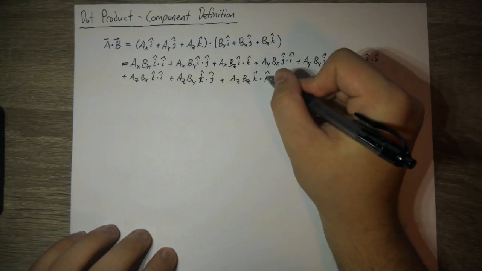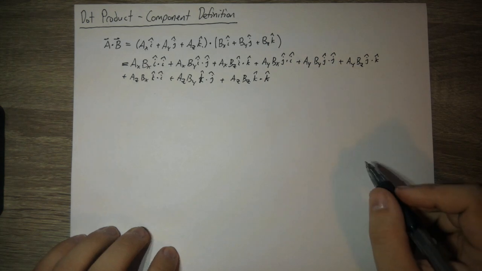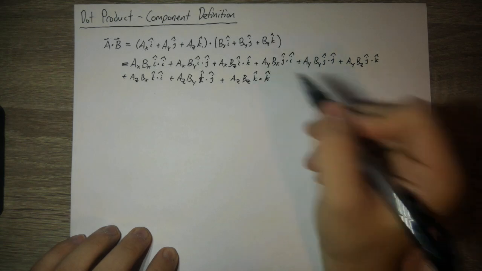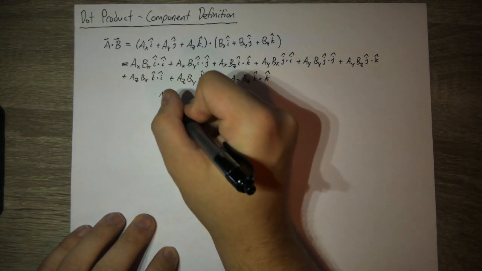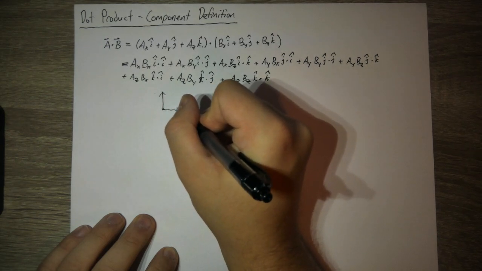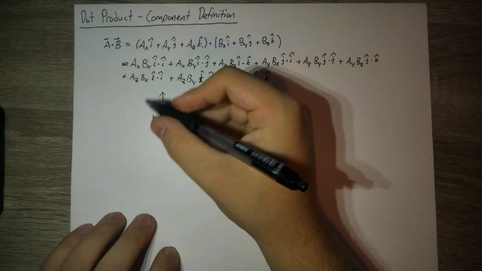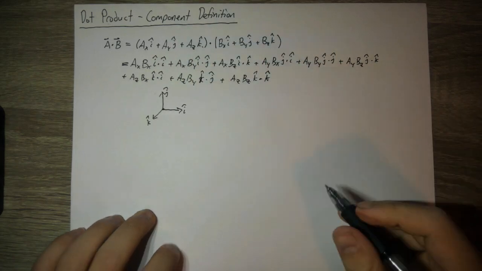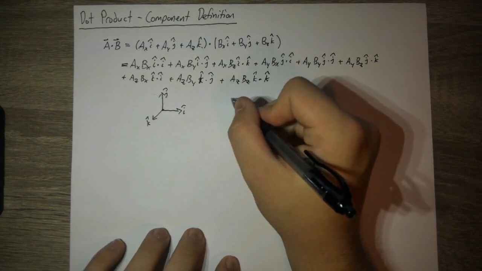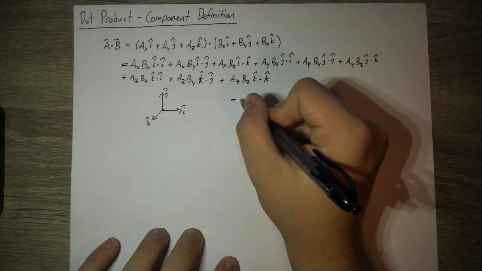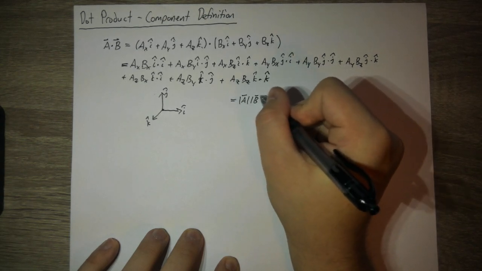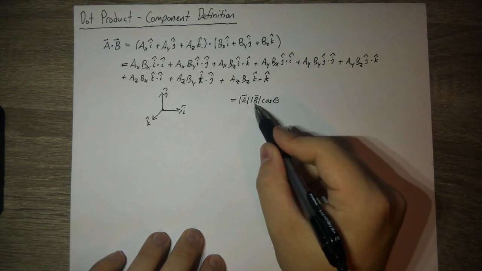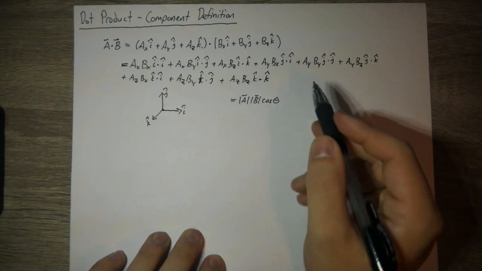Let's see what we can do to reduce this. And we're going to look at the properties of the dot product once again. So if I draw out a three-dimensional coordinate system, and you have I, J, and K, recall that the dot product, in our geometric definition, is A magnitude, B magnitude, cosine theta.